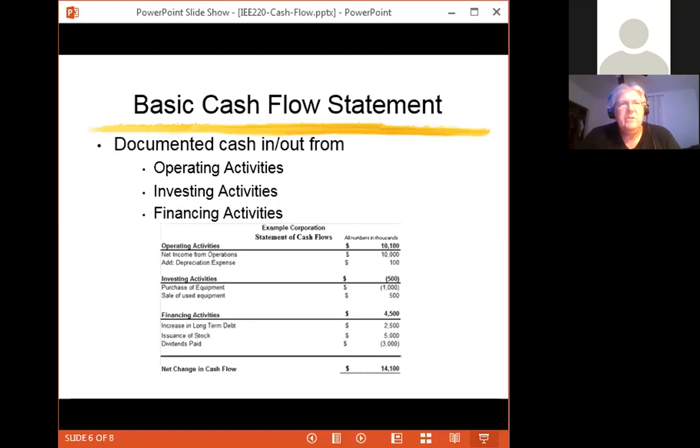Each year 1/7 of that $10,000 is deducted as depreciation expense, and that has the impact of reducing your taxable income by that much. So effectively, you are paying less tax as a result of depreciating assets.